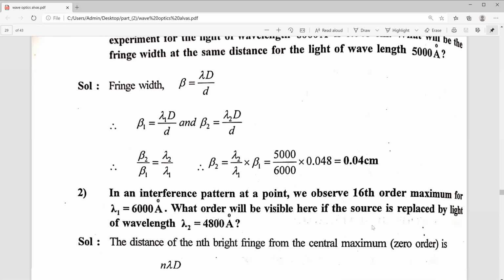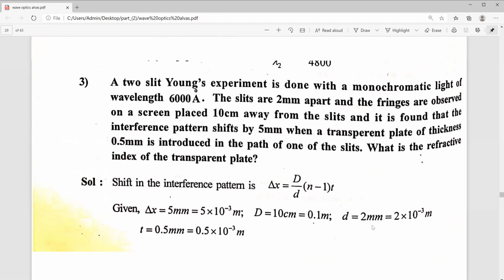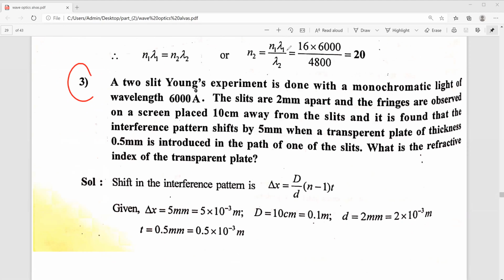And let us see the third one. So what is the third question? Third question is like this. A two-slit Young's experiment is done with a monochromatic light of wavelength 6000 angstrom.